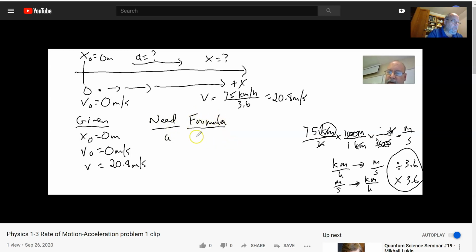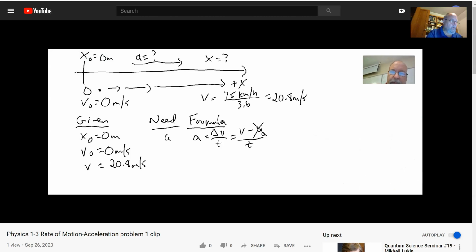I've got v and v0, so I can say a equals delta v over t equals v final, my final velocity, minus my initial velocity over time, and I know my initial velocity is going to drop out. Let me get rid of this stuff here. We don't need that. And then I'm going to solve. All I need to do is plug my values in and solve.